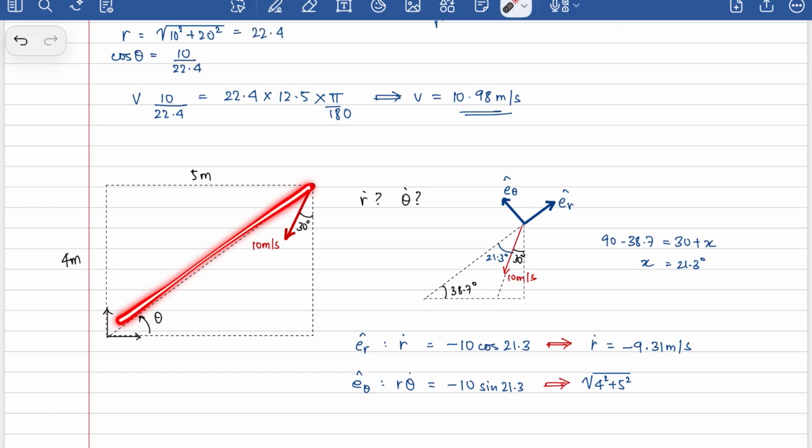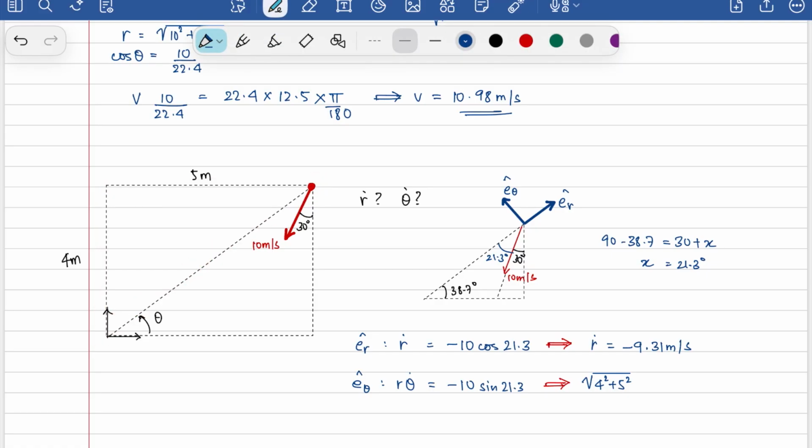Right? This distance here is the hypotenuse. This is r theta dot is equal to minus 10 sine 21.3, giving me theta dot is equal to minus 0.568. It's going to be in radians per second.